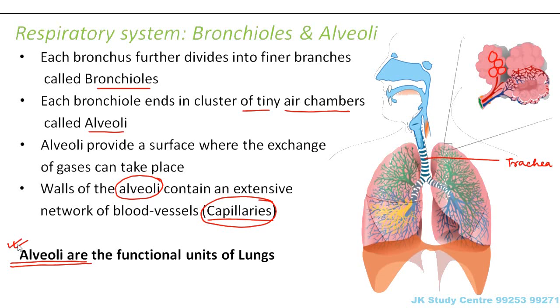That means the oxidation of food, which we talked about: glucose will get converted into carbon dioxide, water and energy. That process will take place inside each and every cell of our body, right? So I hope you got the entire structure.